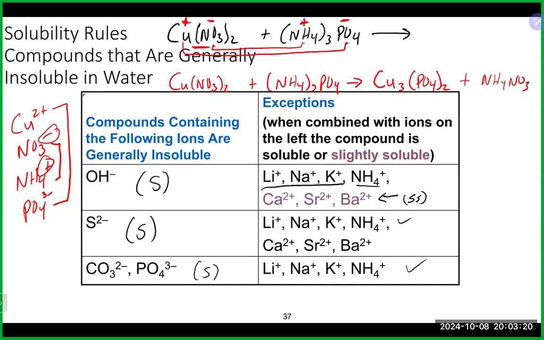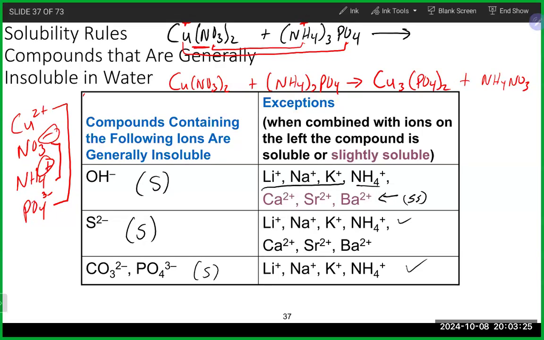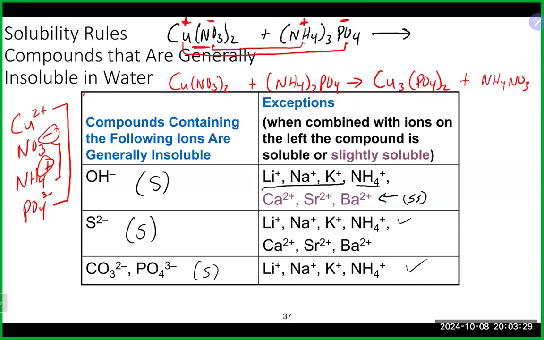Now that I have the correct formulas, now I could go balance it, right? And if I'm going to balance it here, I do have some polyatomic ions. Maybe that'll be helpful. We got NO3 there. That's a 3. We'll try the nitrate here.